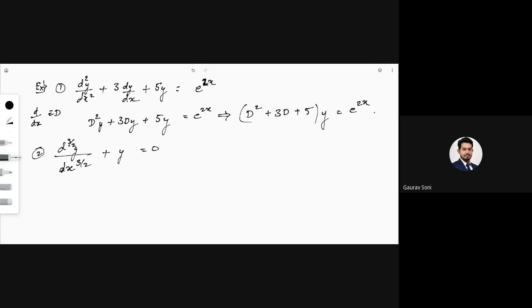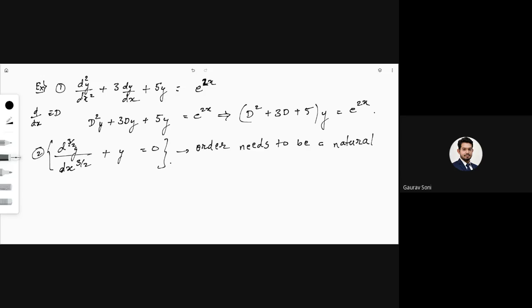No. Of course there are derivatives of this kind, but let's not get into it. What we need is that in a differential equation, the order has to be a natural number in our syllabus.